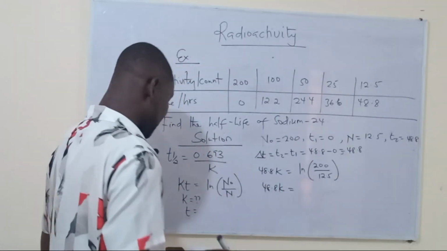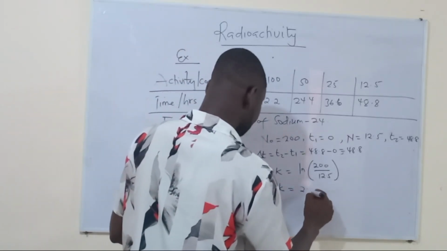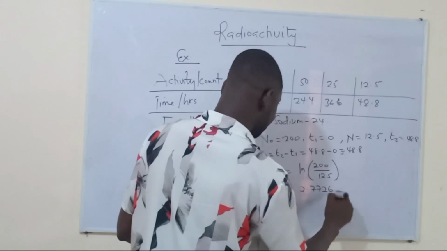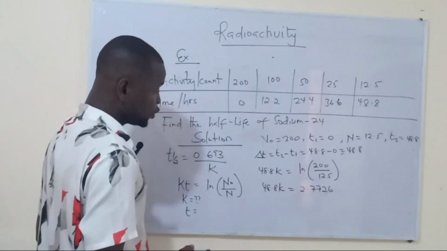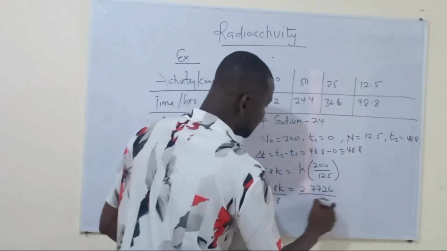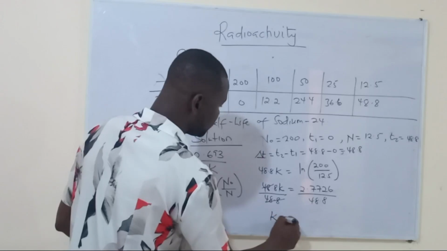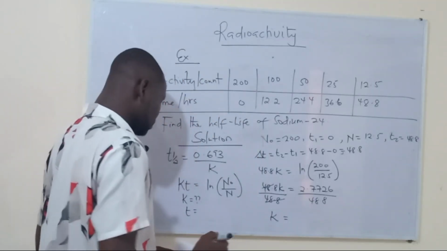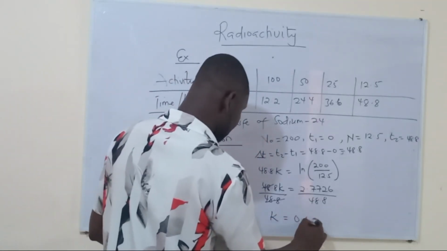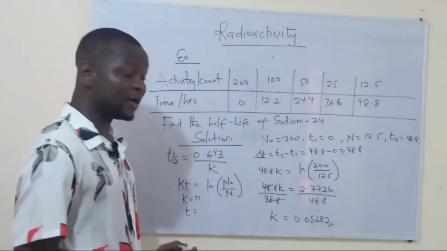If you do that properly, you should get 2.7726. So I'll divide here by 48.8 and here by 48.8. This will cancel. K would be equal to 0.05682. That gives me the value of K.